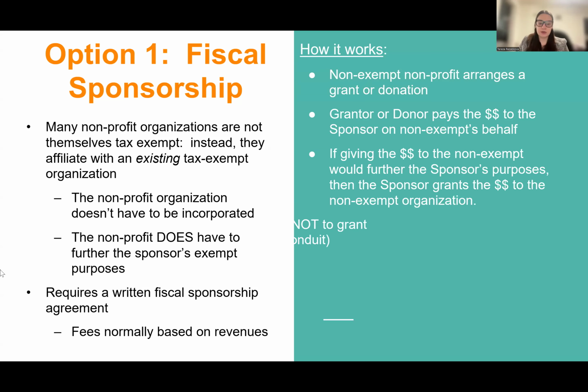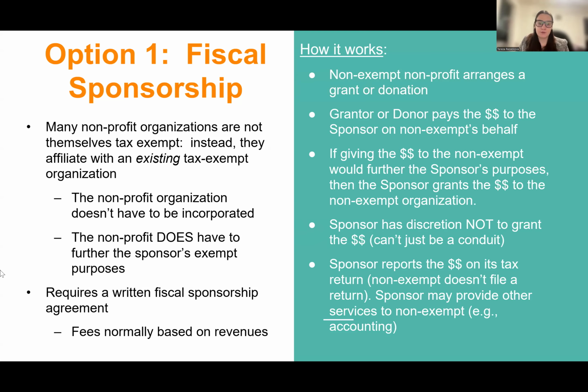Yeah, so many organizations, instead of going through the process of filing for their own tax exempt status, instead organize with another organization that has tax exempt status. This might be because, right now not really, but in the fall it might have been because it was right before the holidays.